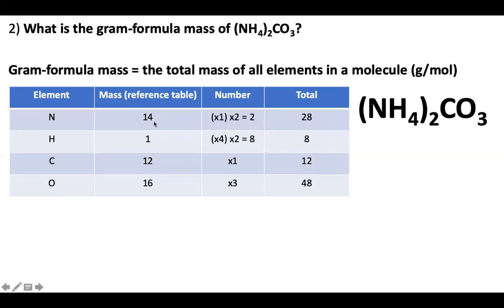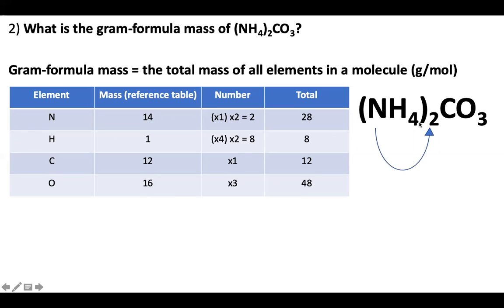Nitrogen, we look at the reference table and we find it has a mass of 14. We are going to say that each nitrogen times 1 is going to be 14. But when we look at this formula over here, we're going to see that there's not just one nitrogen here. Because on the outside of the parentheses, we have this 2, we need to multiply that one nitrogen by 2.